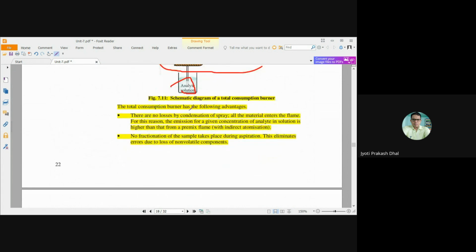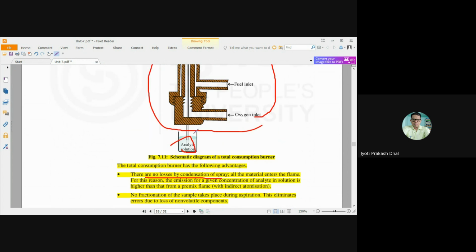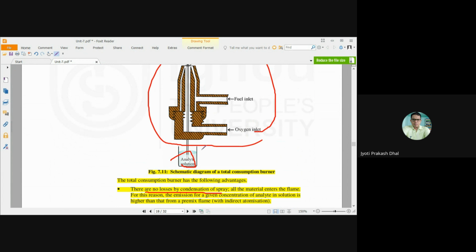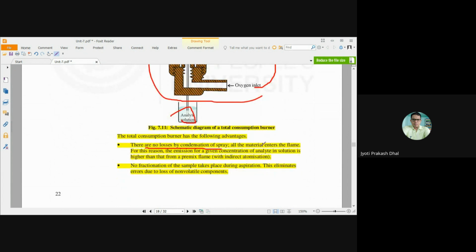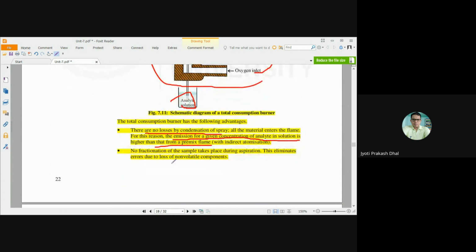The total consumption burner has the following advantages. There are no losses by condensation or spray; that means no spray is lost, because this is a single part that takes the spray. All the material enters the flame. For this reason, the emission of a given concentration of analyte in the solution is higher than that of the premix flame.